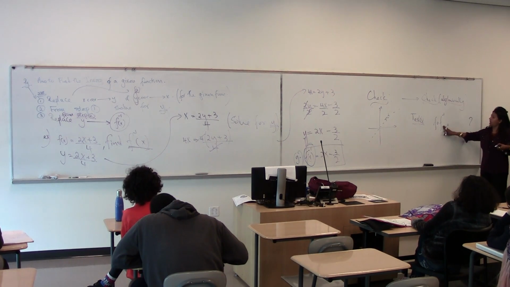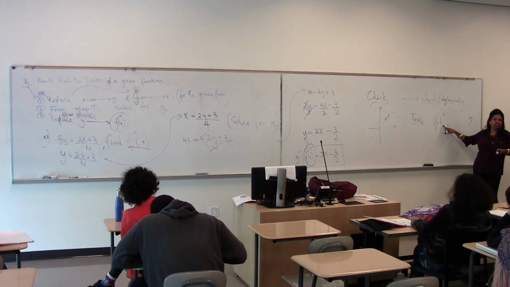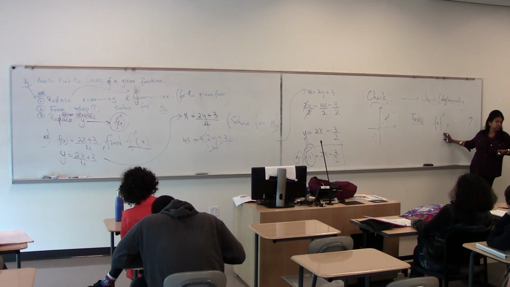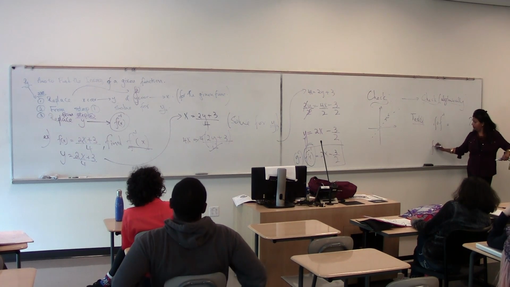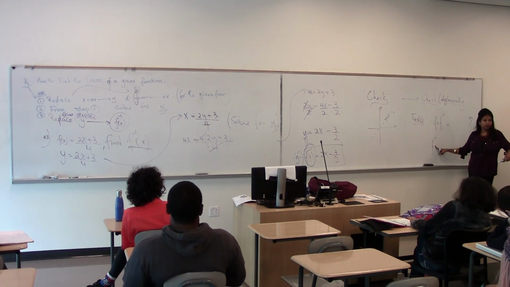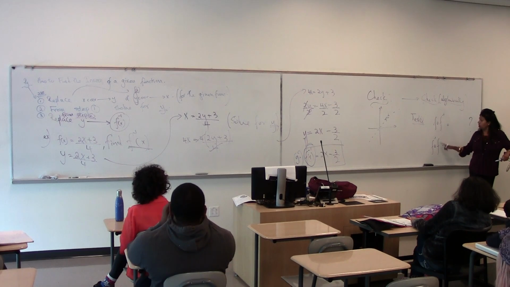When you're checking algebraically, we're going to write F composition F inverse. We know F inverse means G. Is this good enough to check algebraically? No. What else do you need to do? You also do F inverse composition F. We need to check for both of these.